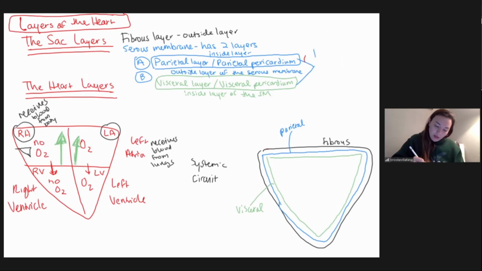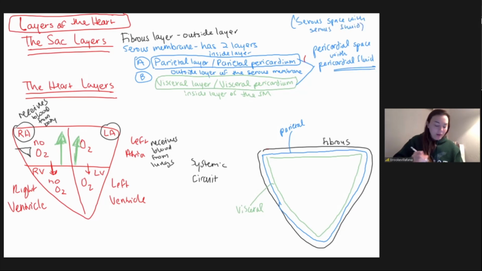Remember, we have the pericardial space with the pericardial fluid. Does that sound familiar? That's because it's the same as the serous space with the serous fluid, if you guys remember learning about that on the last exam. So the function of our pericardial fluid is to pull away heat from friction.